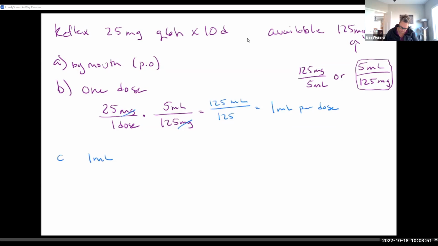This is part C, 1 milliliter for one dose, and the dose is every 6 hours. So we're going to do 24 hours in one day, because we want our hours to cancel. And so multiplying through, how many milliliters is that going to give us?